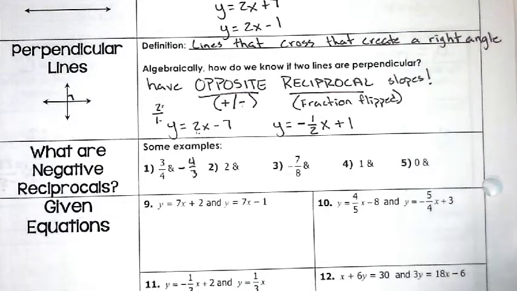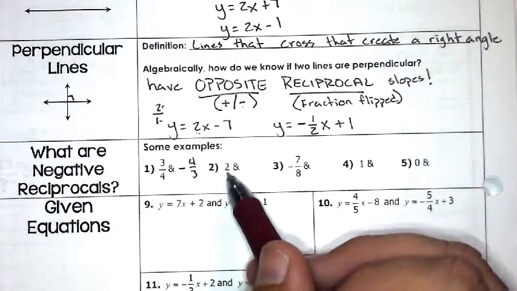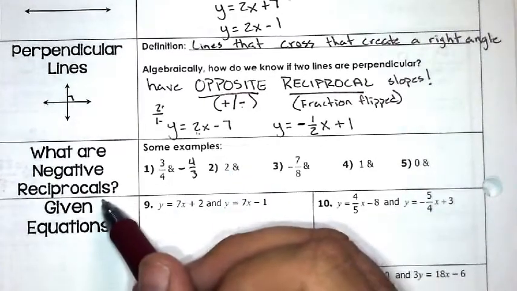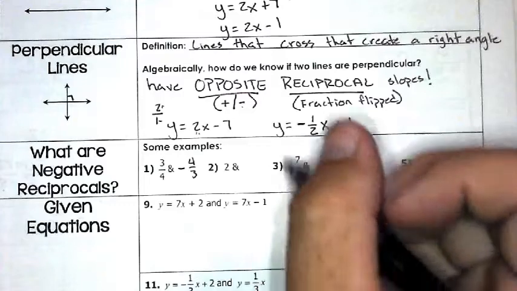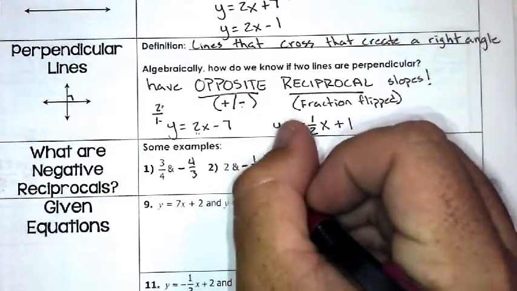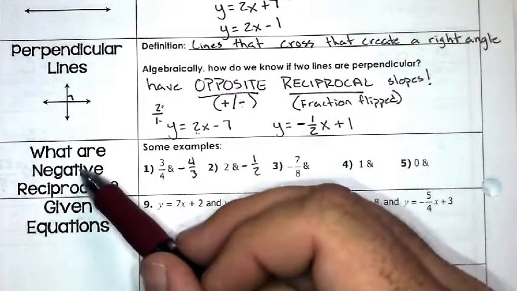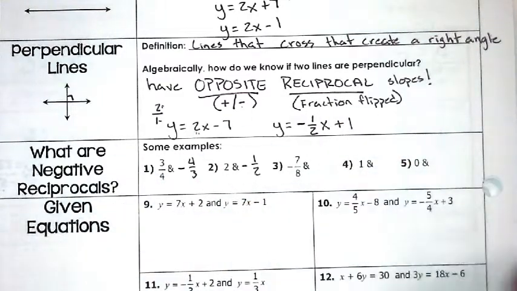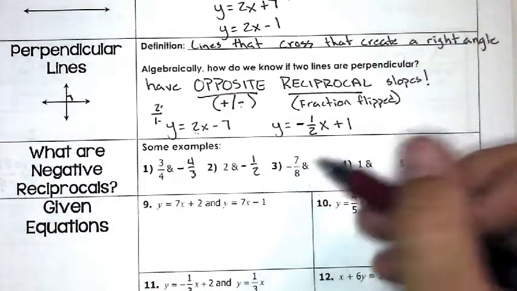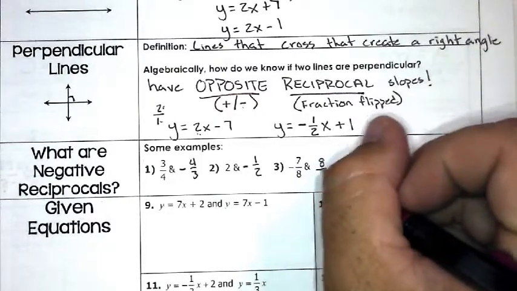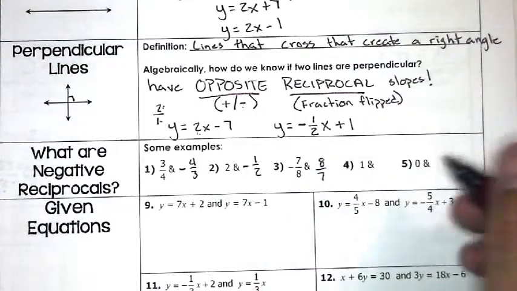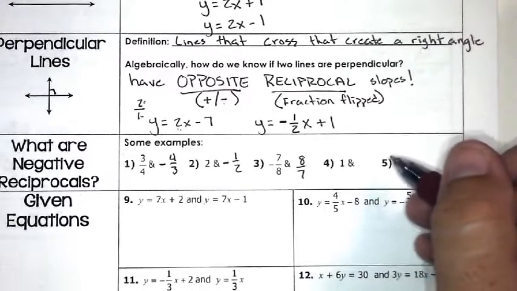My perpendicular line with a slope of 2, or a negative reciprocal, opposite reciprocal, would be negative 1 over 2. What would be the opposite reciprocal, aka negative reciprocal, synonyms, okay, of negative 7 over 8? Positive 8 over 7.